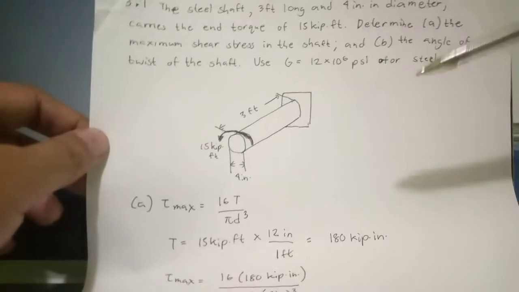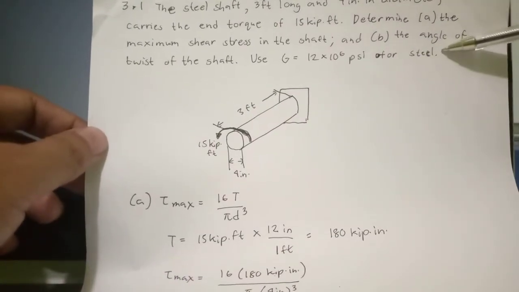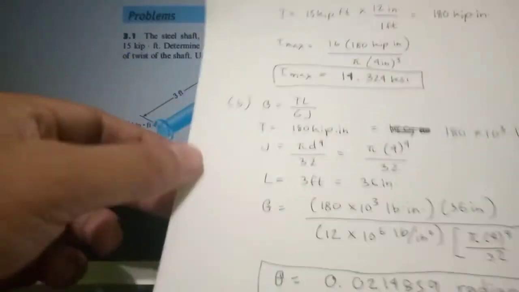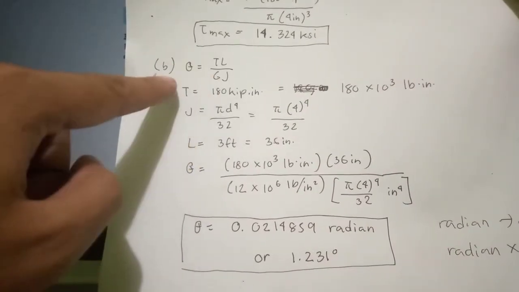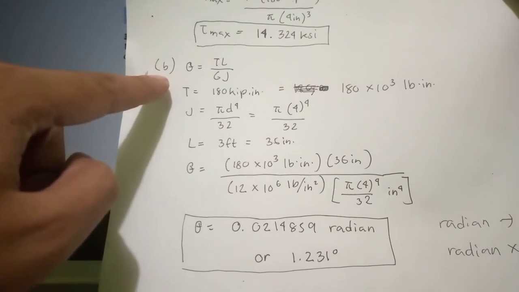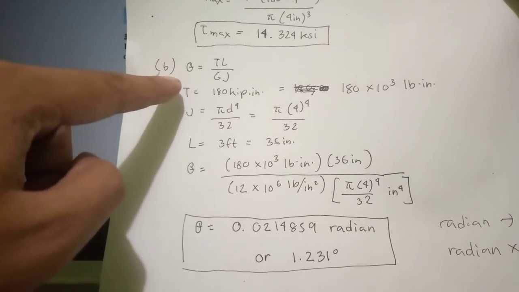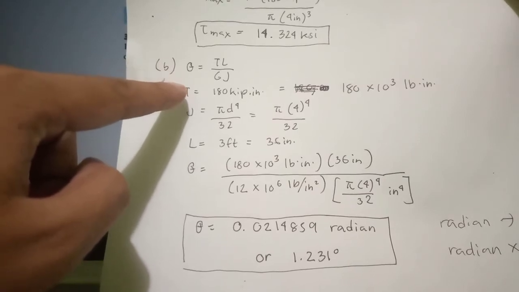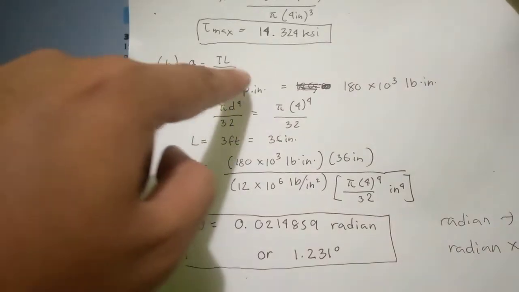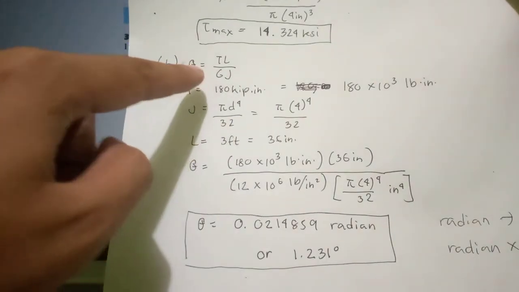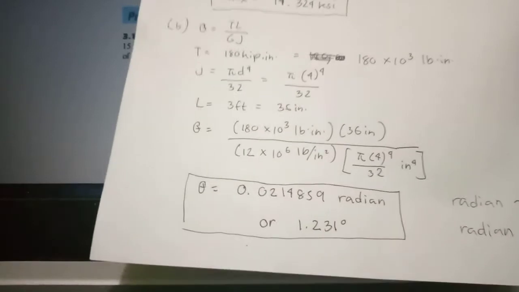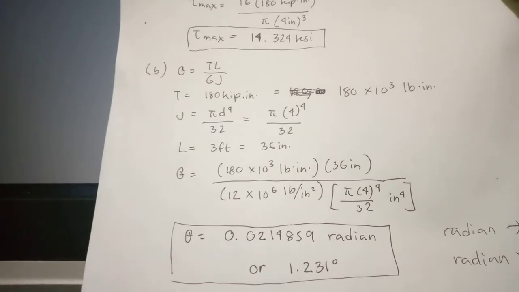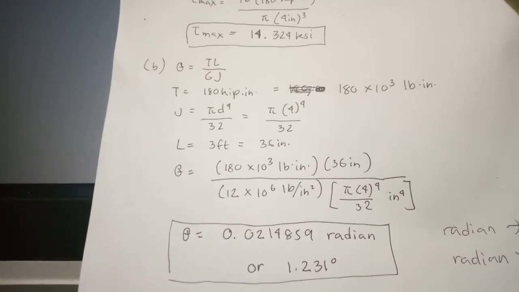Okay, so letter B, we compute the angle of twist of the shaft. So here we go, this is the solution. We have this formula: theta, or the angle of twist, is equivalent to T times L over G times J, where T is the torque, L is the length of the shaft, G is the modulus of rigidity, and J is the polar moment of inertia.